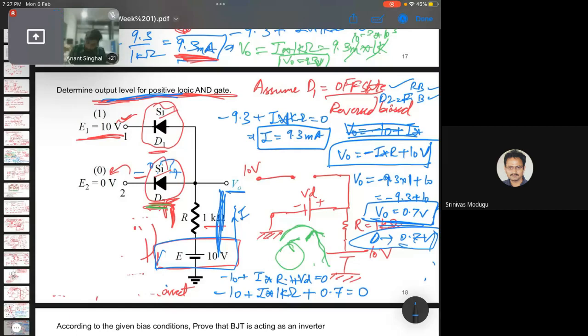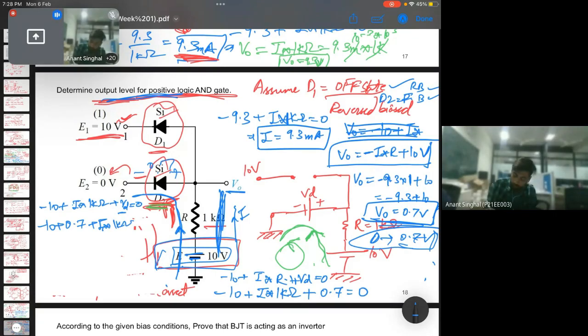Here we are applying KVL. That is not E1, this is E. Here I have written minus 10, then plus I into 1 kilo plus VD equals 0, and this VD is 0.7. So it becomes minus 10 plus 0.7 plus I into 1 kilo ohm equals 0. From this, I comes out to be 9.3 milliampere.